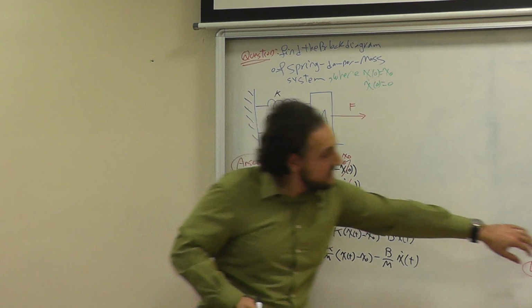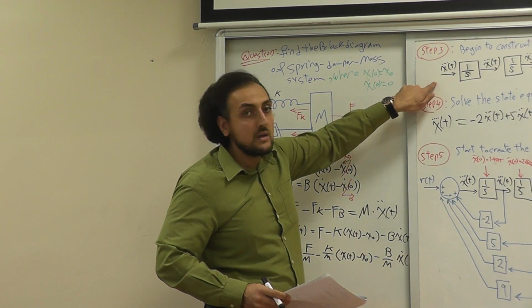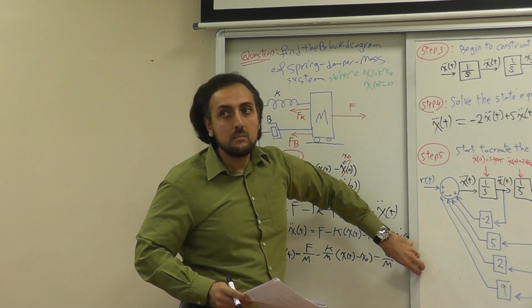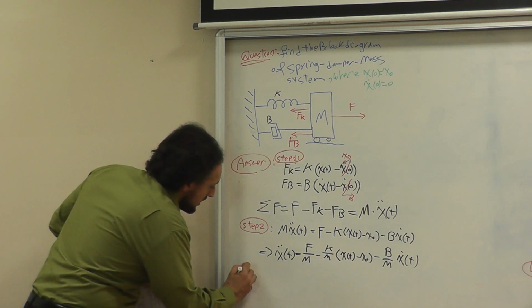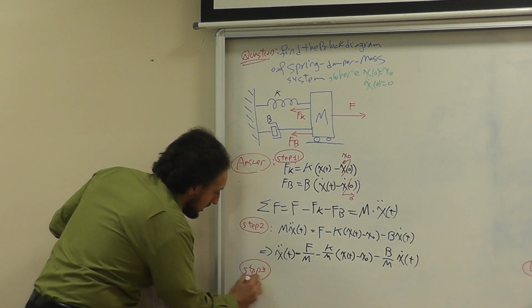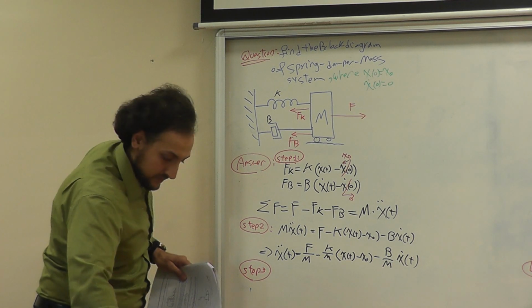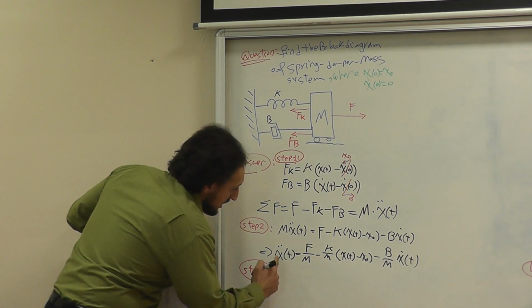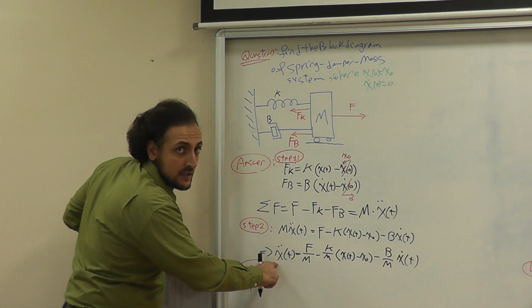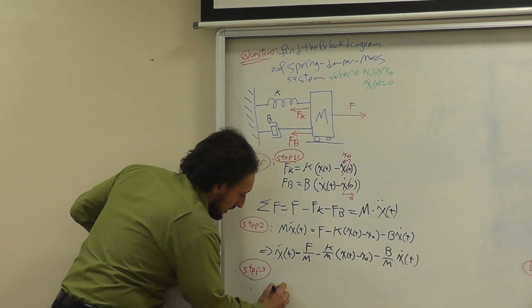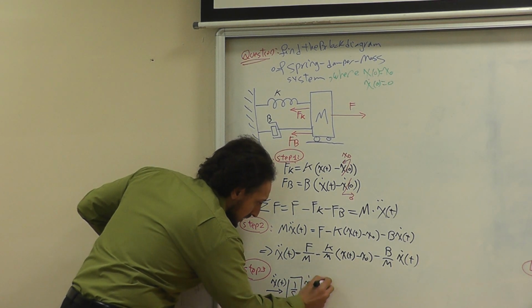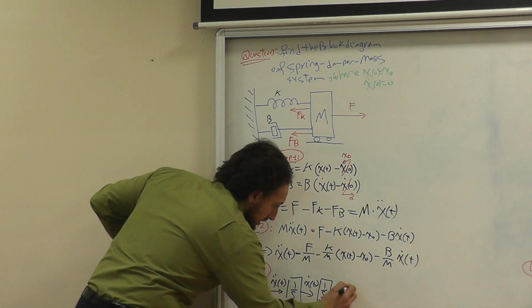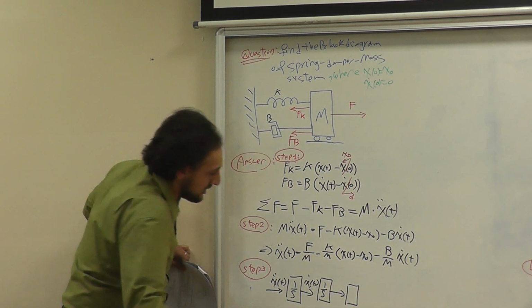Now, can you see here? What I did also? I create the block diagram. I start with this one. This is step number 3. So what I should do here? The highest order is how much? 2. Okay? So it will be x double dot t, integrator, x dot t, integrator, and x.